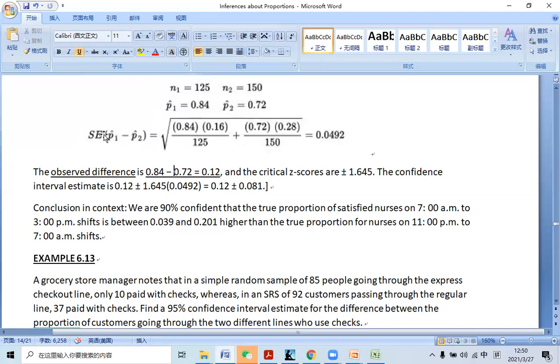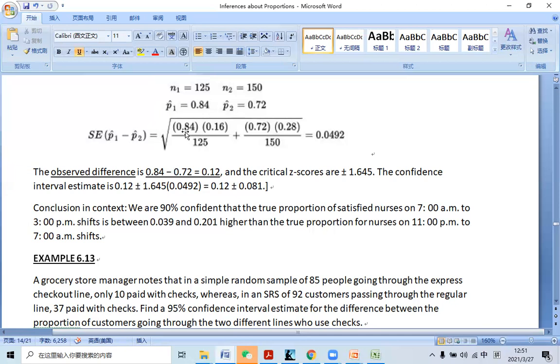SE, that's a standard error, or estimated standard deviation between the two proportions, proportion 1 minus proportion 2. You get it this way. The square root sign shows the standard deviation. This is the square root of the variance.